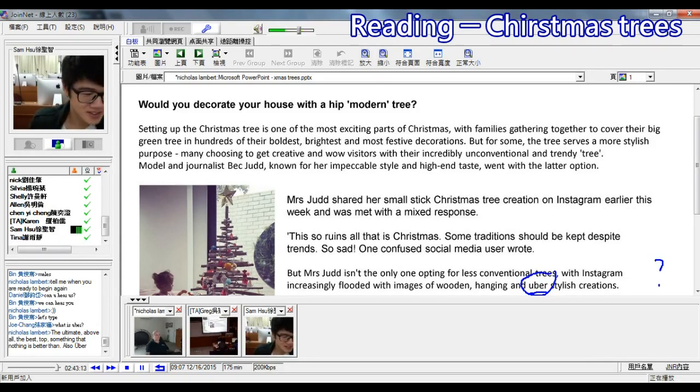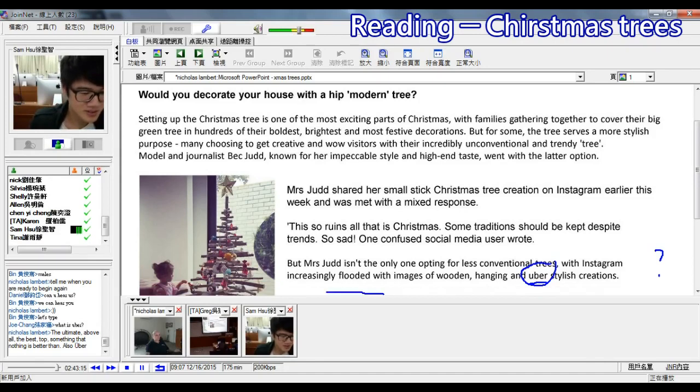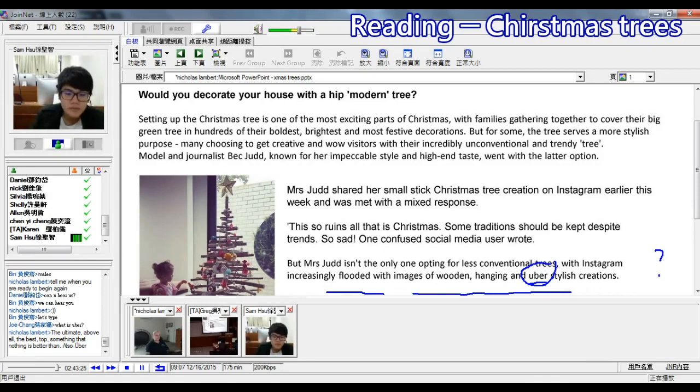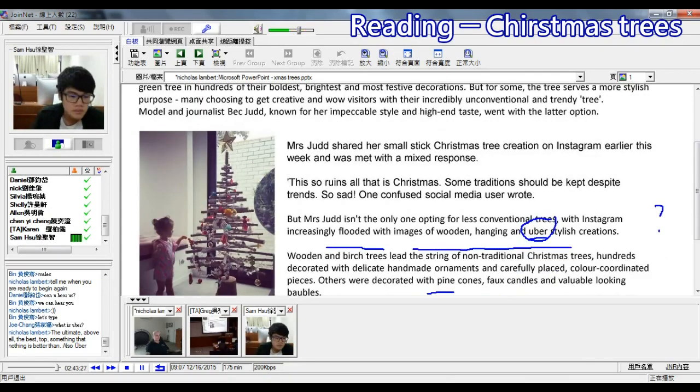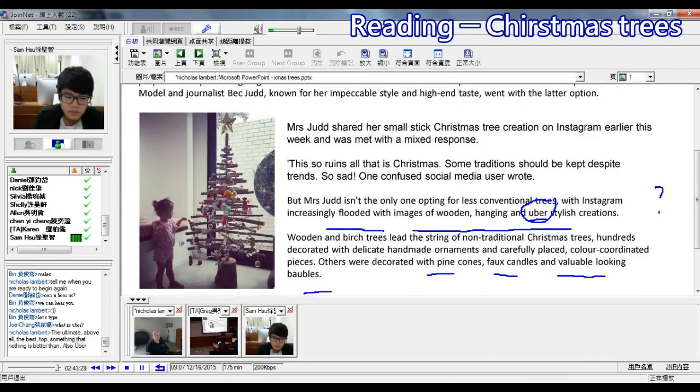All right. Wooden and birch trees lead the string of non-traditional Christmas trees, hundreds decorated with delicate handmade ornaments and carefully placed, colour-coordinated. Others were decorated with pine cones, small candles, and valuable-looking baubles. Sam, you have the choice of telling me how F-A-U-X is pronounced.